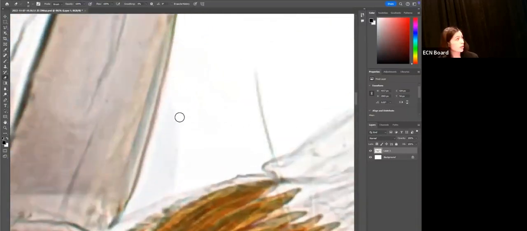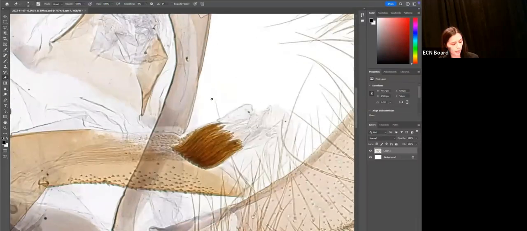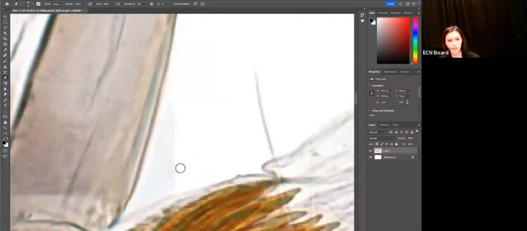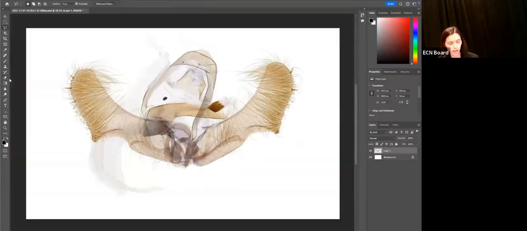However, more processing might be necessary, internally or at the edges of the genitalia. The selection and background process sometimes results in a hard edge where there should be a soft edge, and we don't want the genitalia to look like a cutout. So I use the eraser tool to delicately remove parts of the genitalia layer to leave a soft edge where the polygonal selection may have left a hard edge, or maybe some remnants of the original background.